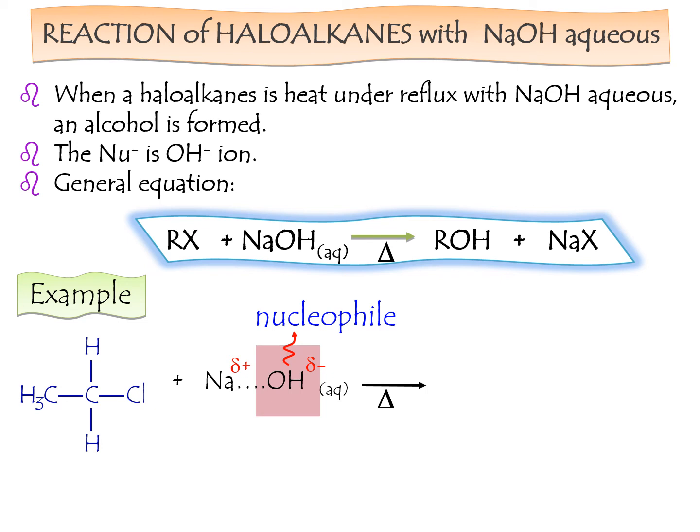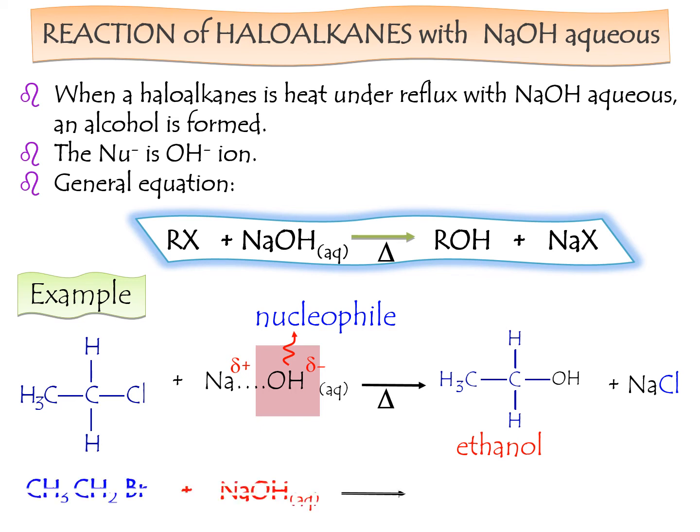OH- will substitute halogen atom chlorine to form an alcohol, ethanol, and the side product is NaCl. For the second example, haloalkane reacts with sodium hydroxide aqueous under reflux. The nucleophile is OH-. OH- substitutes halogen atom Br in the haloalkane to form an alcohol, ethanol.